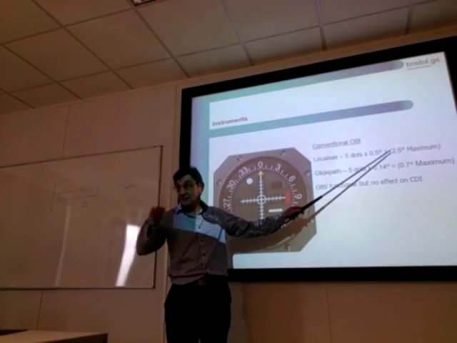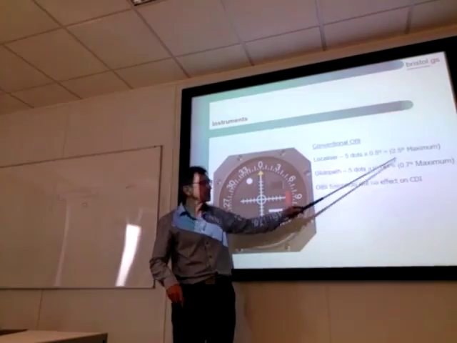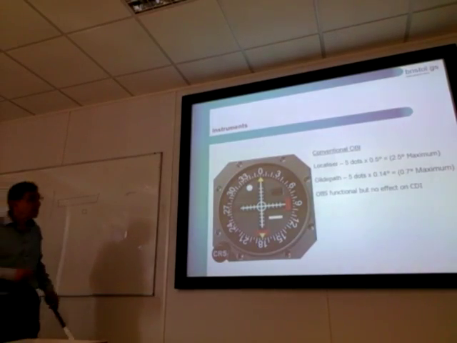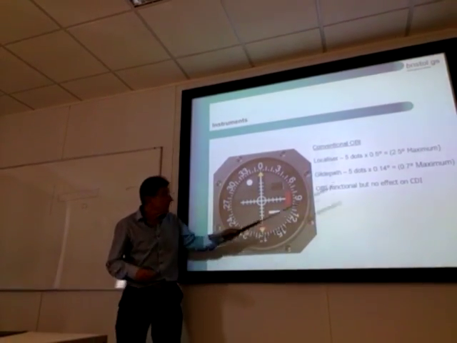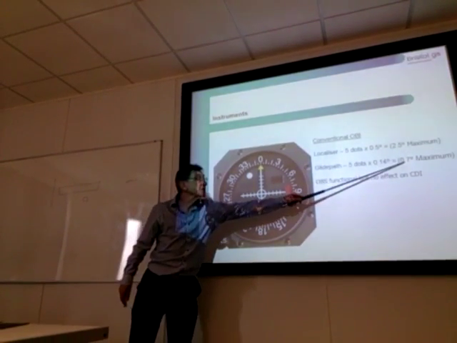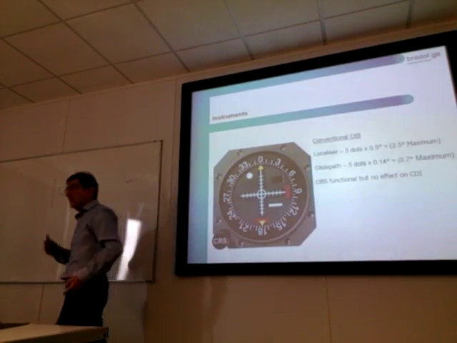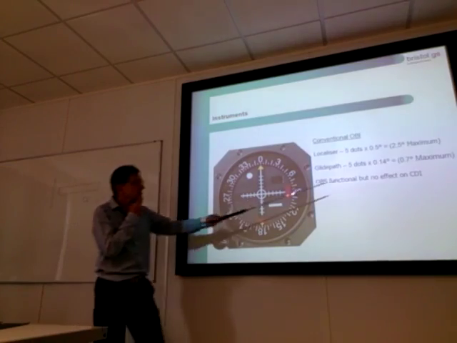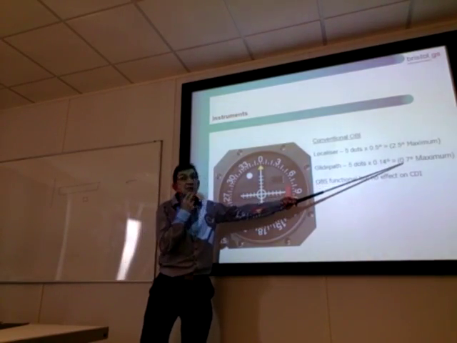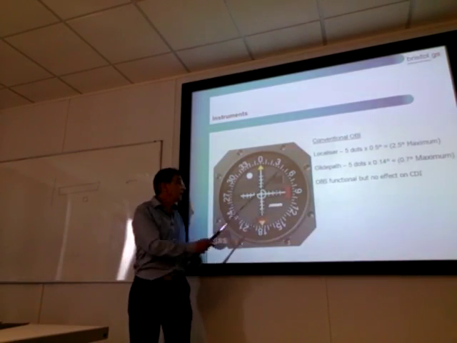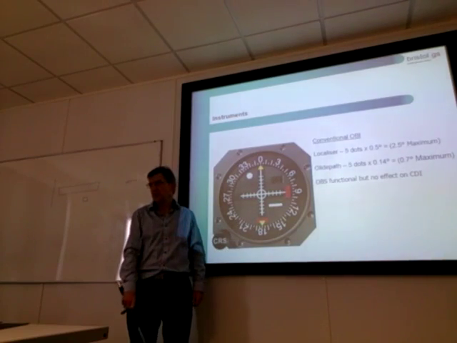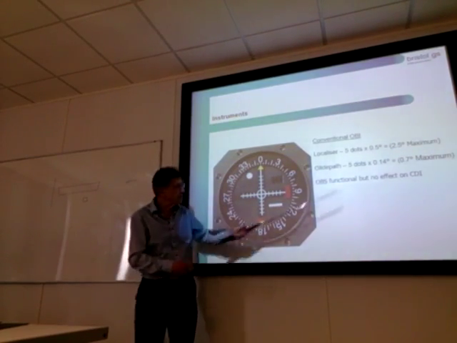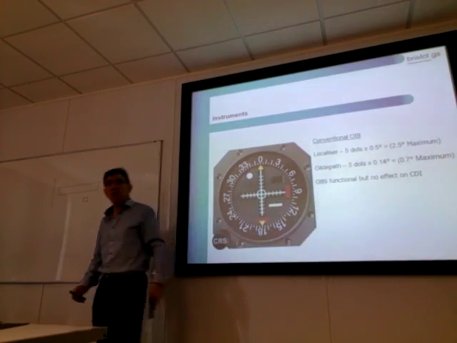So you've got the same numbers, decimal place in a different place, but you've still got the same numbers. The glide path, which you didn't have before, has a maximum deflection of 0.7, and those are the two numbers I would suggest that you remember, because you don't know what instrument your question is going to relate to. So why remember too many numbers? Just those two, and then you can work them out yourself.